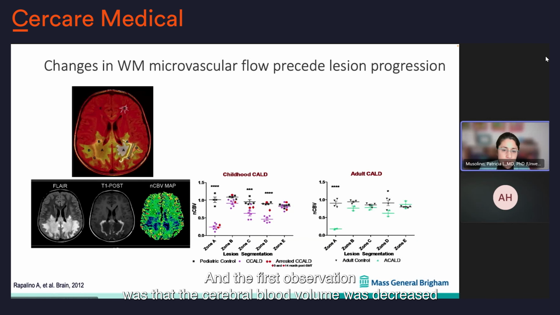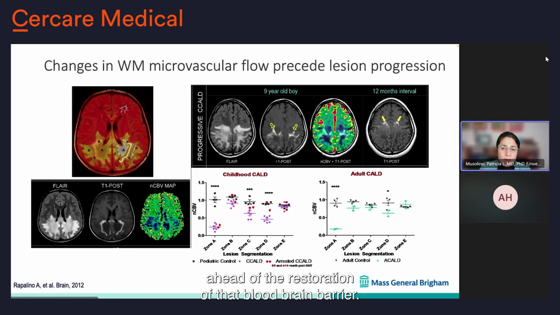The first observation was that the cerebral volume was decreased ahead of that rim of contrast enhancement in the lesions. And that treatment, in red here, was correcting that cerebral volume of microvascular dysfunction ahead of the restoration of the blood-brain barrier. And it could also predict where this lesion was going.